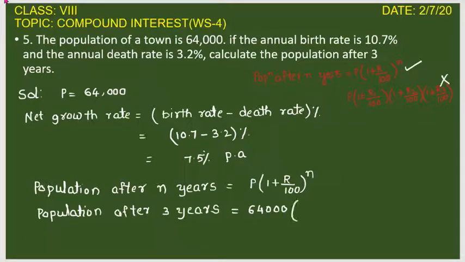This we have taken as initial value, multiplied by 1 plus R, we have to take as 7.5 upon 100, and the time is given 3 years, so we have taken power 3, that equals 64,000 multiplied by 1 plus 7.5. If you write as 75, 10 will be suffixed here. You can write as 1000 power 3.